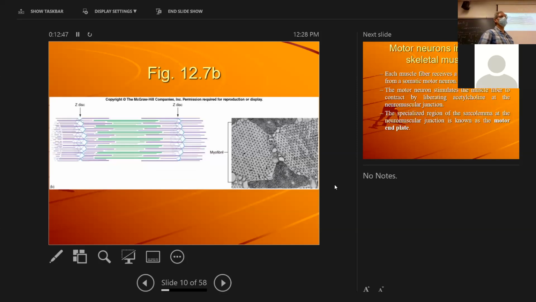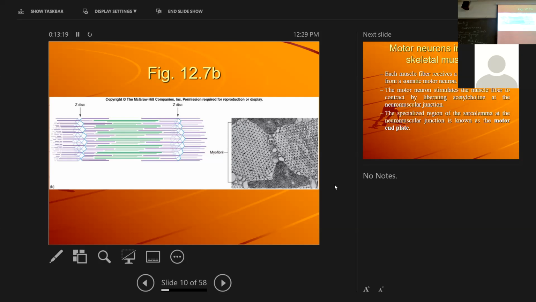And if you try to make this more 3D, you can see it has more of a look like this. This makes it look more 3D. The Z disc is in fact a disc. It's a 3D structure, as you can see. And here are these myofibrils, thick filaments here, thin filaments here.